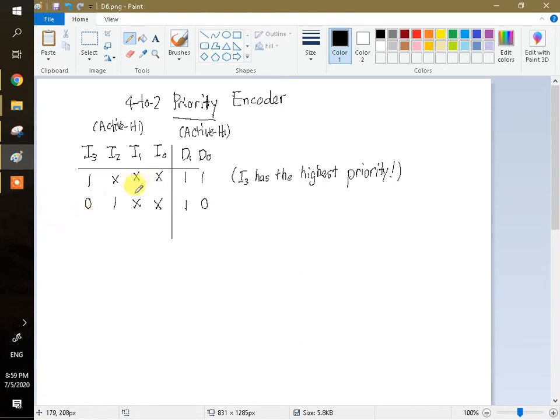Because remember, the definition for encoder is only 1 can be activated at any time. Okay, only 1. But here the case is slightly different, because we look at the highest one. If the I3 is activated, I don't care about the others. If the I2 is the highest one, I don't care about 1 and 0. But you must not activate I3.